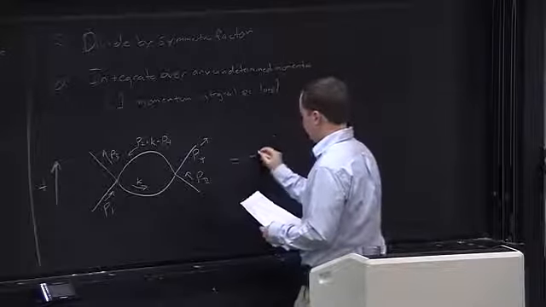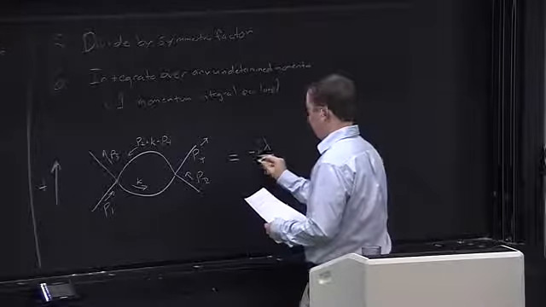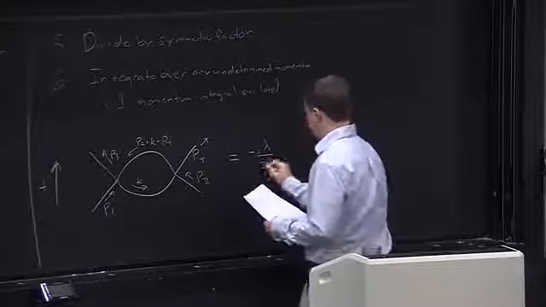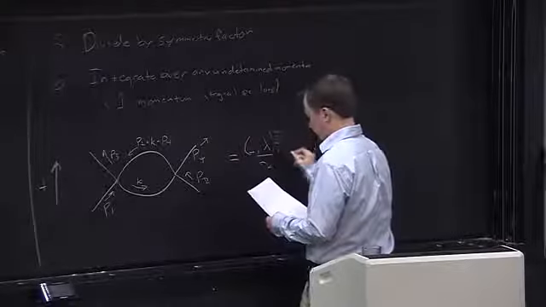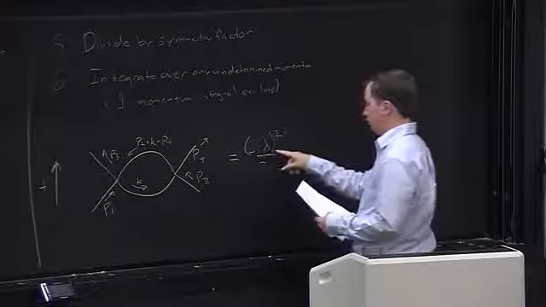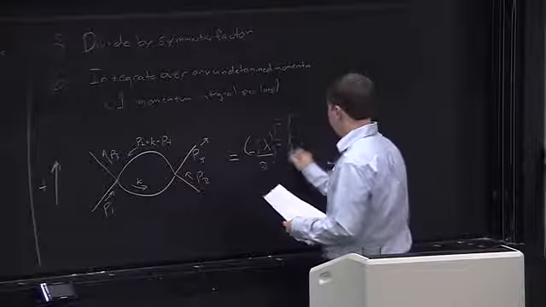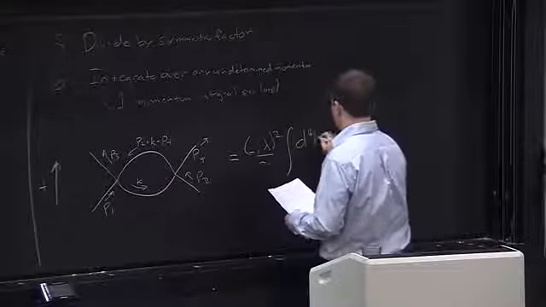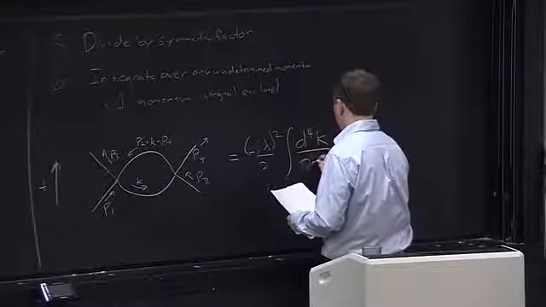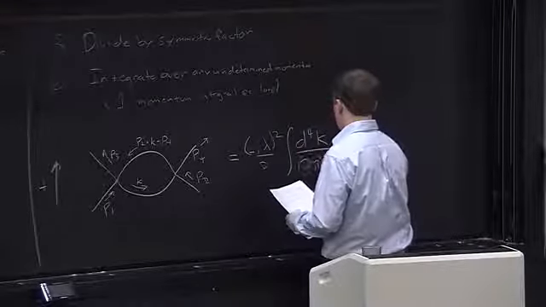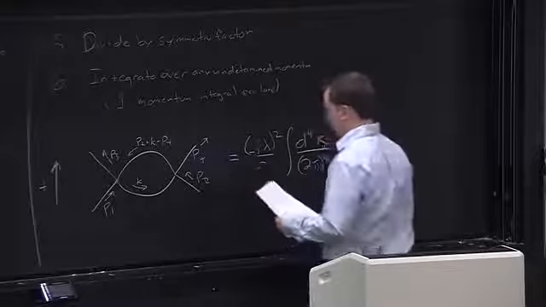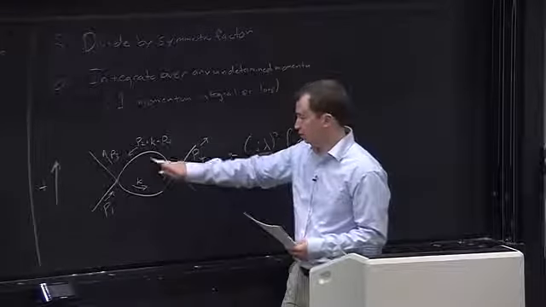If we write down the matrix element, we've got two vertices. So we have two factors of minus i lambda, the symmetry factor of 2 from exchange of these two lines. Integrate over the undetermined momentum, and we have two internal propagators.